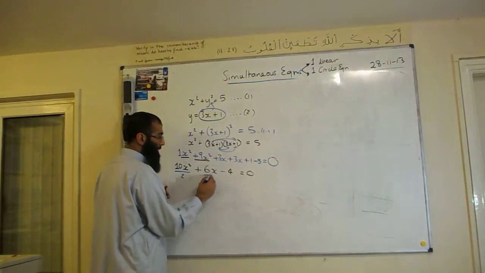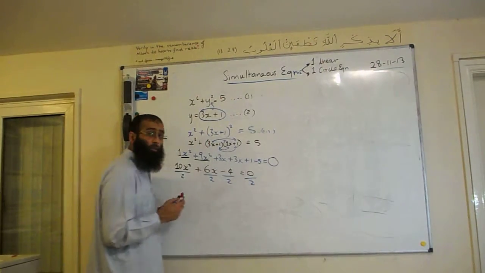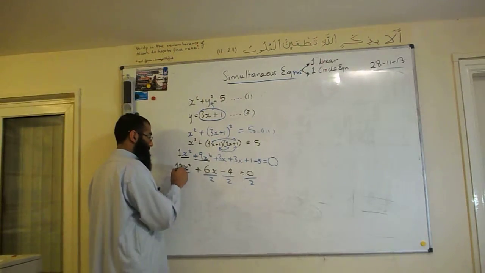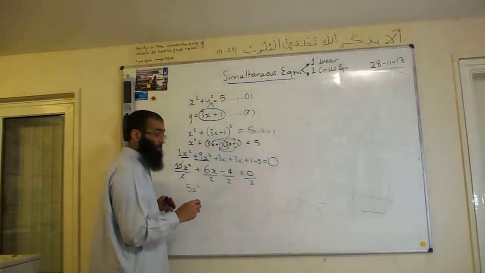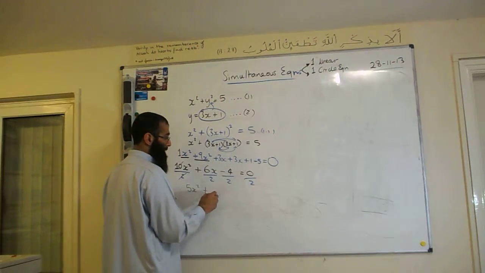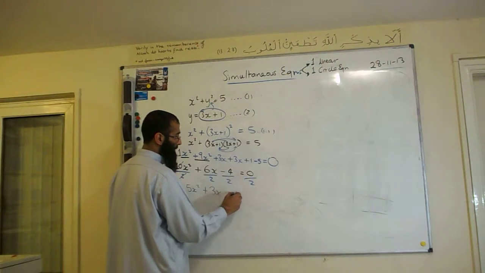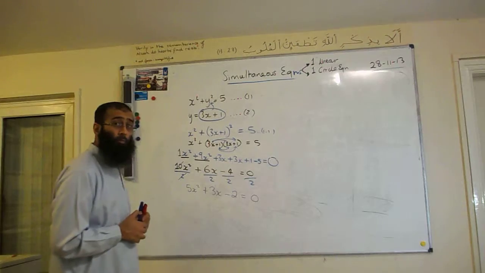Now we have 5x squared plus 3x minus 2 is equal to nothing.